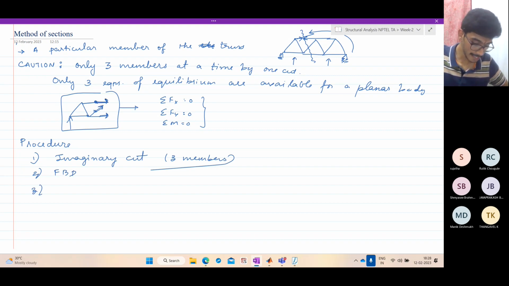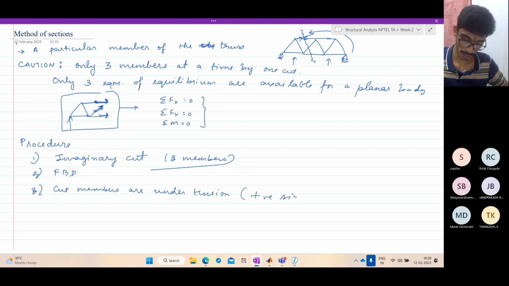Then assume all the cut members are under tension. Again, it is a convention. If you get a negative answer, it means the member was actually under compression. So you don't have to worry about it.